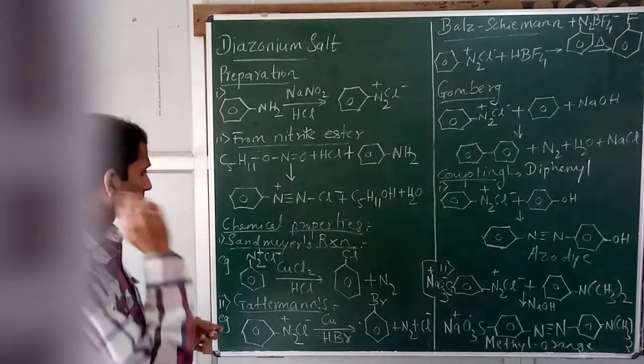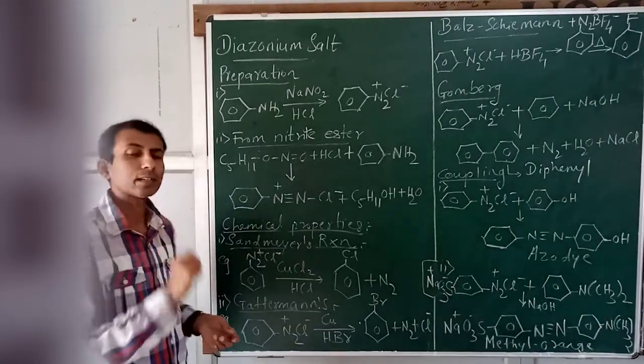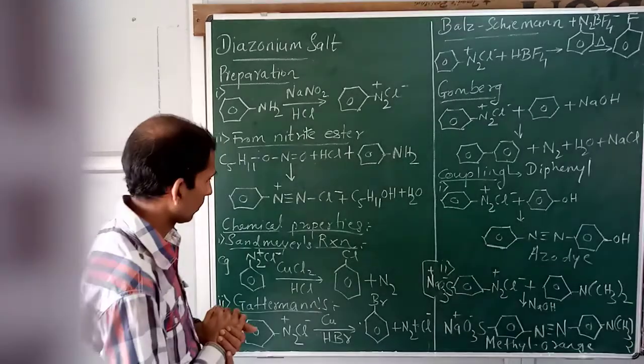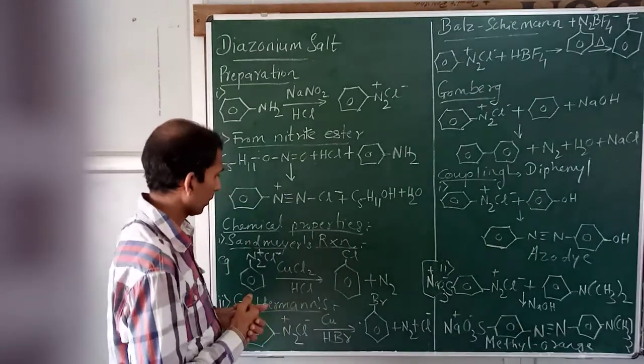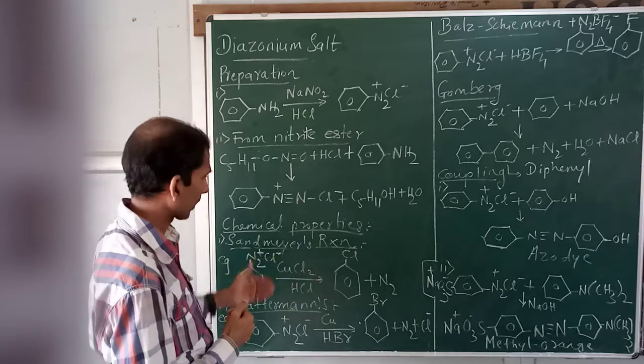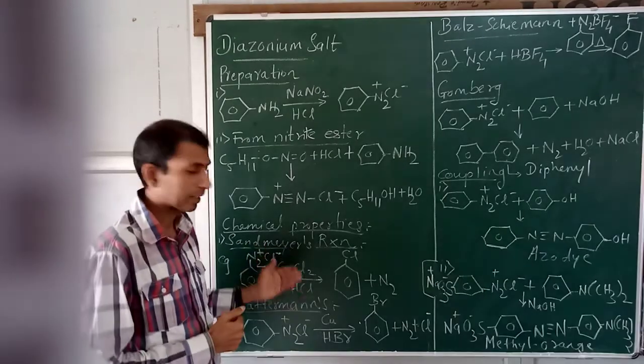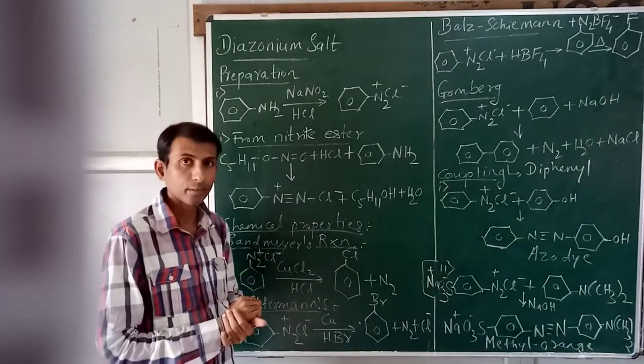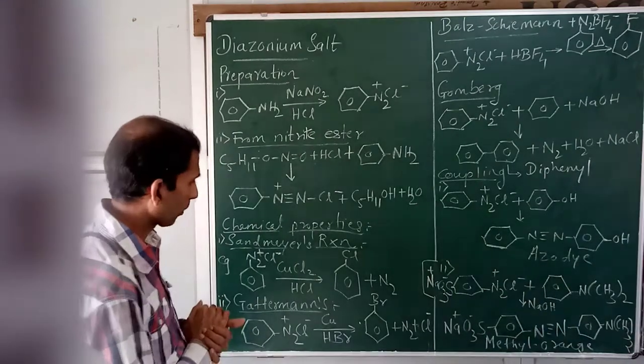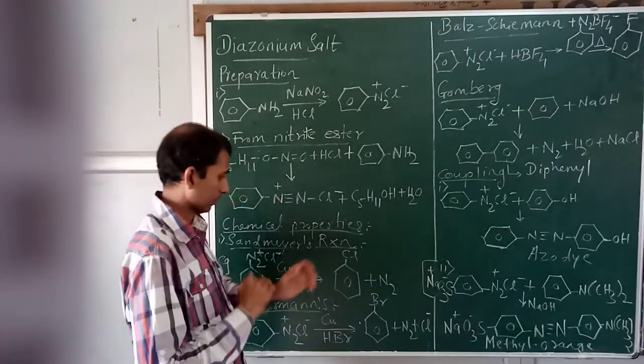Now the next one is Gattermann's reaction. In Gattermann's reaction again there is a catalyst, similar to the earlier reaction, but here we have only copper instead of copper chloride, in the presence of copper and HBr.